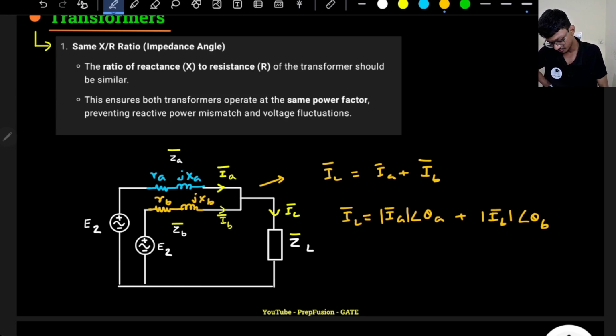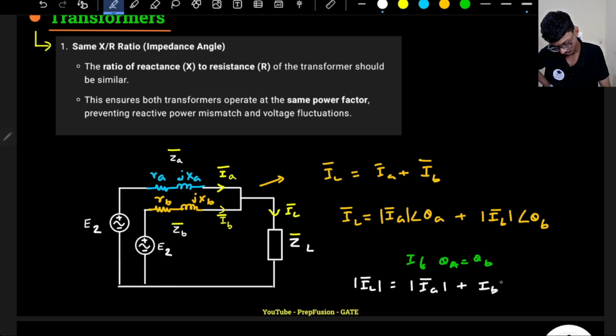If they were equal, if theta A is equal to theta B, then I can directly say that my magnitude of IL will be equal to magnitude of IA plus magnitude of IB, because both are in the same phase, theta A and theta B. Why?